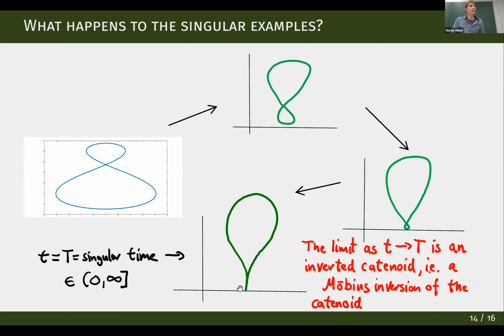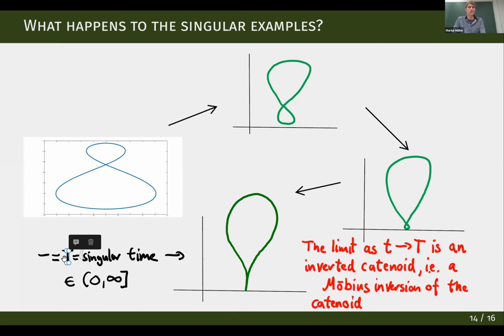So at least you can apply some Möbius inversion. Of course, one can also break the revolution symmetry, but if you apply one that keeps the revolution symmetry, the profile you will get looks like so. And what one would very much like to understand is whether the singularity occurs in finite or infinite time.